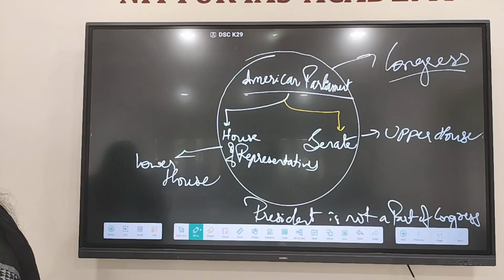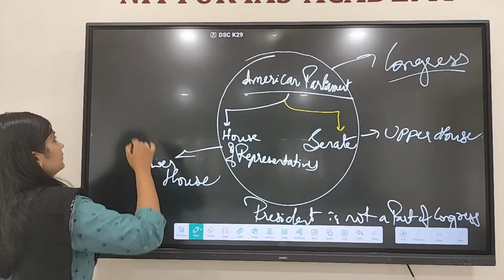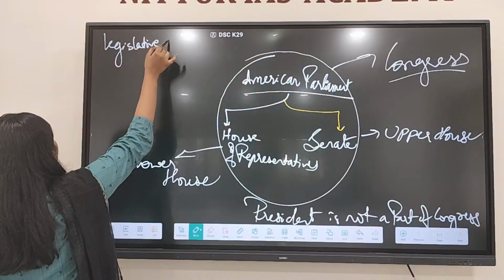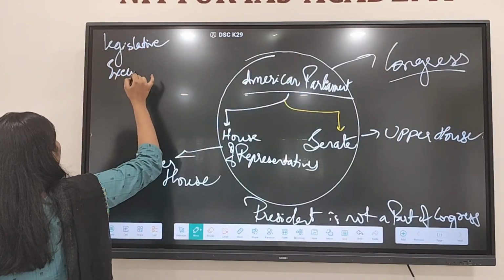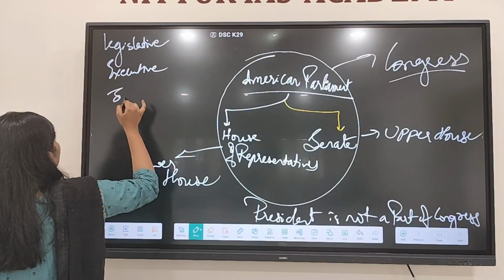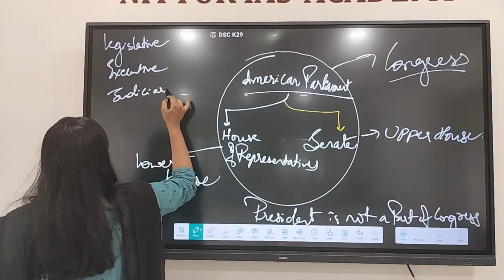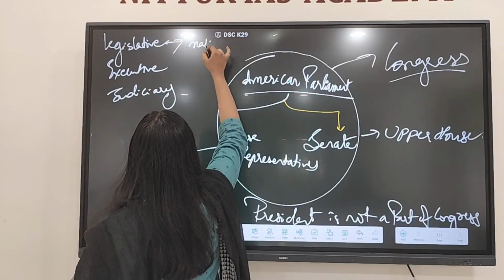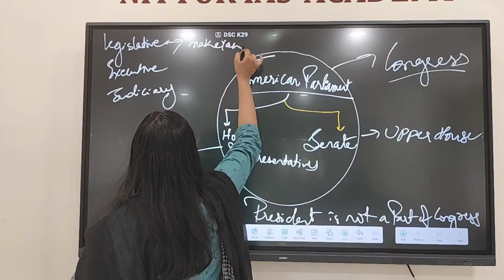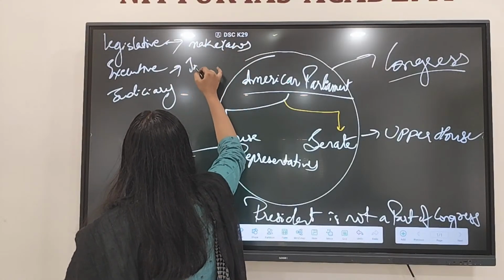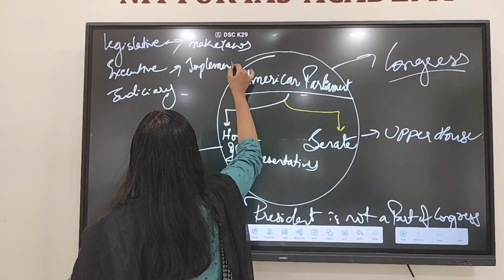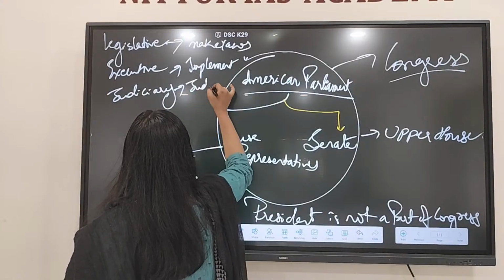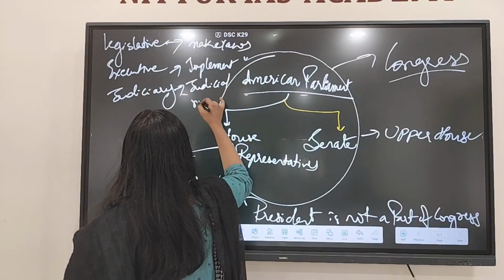Concentrate here. We have three pillars: legislative, executive, judiciary. What is the role of them? To make laws, to implement laws, and they give judicial review.